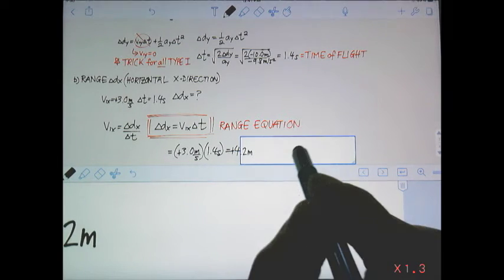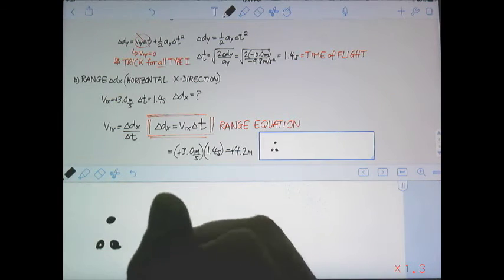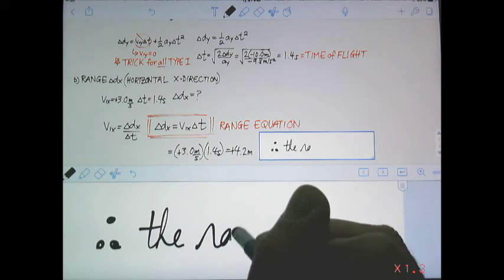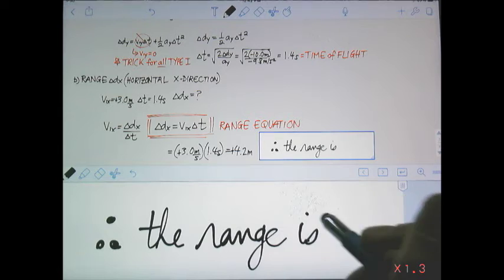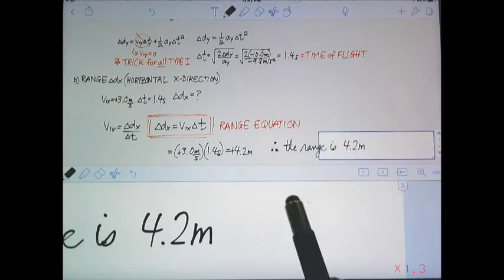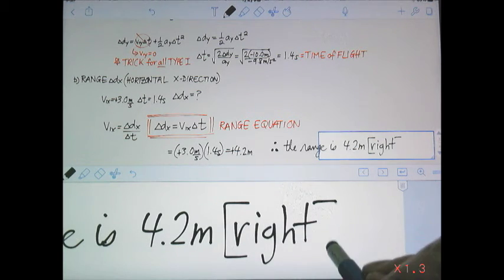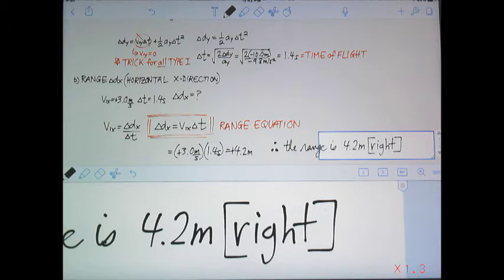Now, when reporting your answer, state the direction. So the range is 4.2 meters. I've taken away the positive sign, and I'm going to put in right, because we've stated that positive is right.